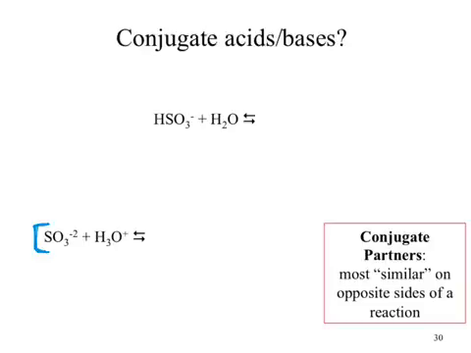We're looking at acids and bases, so this is likely going to be a neutralization reaction. What would we expect SO3 2- to act as? Why can't it act as an acid? The definition of an acid is a hydrogen donor.